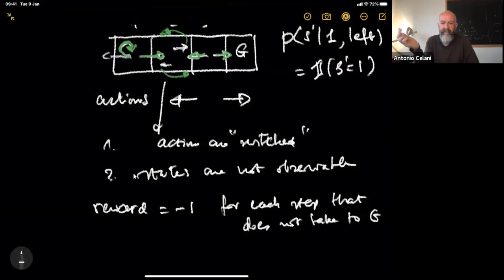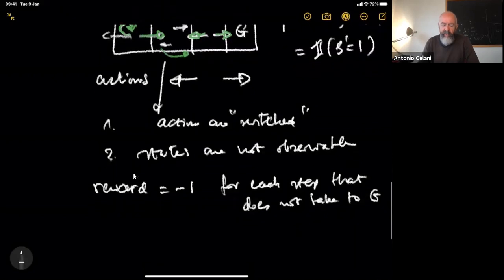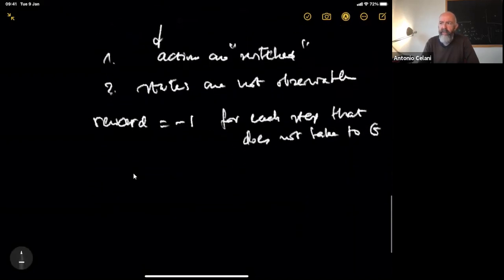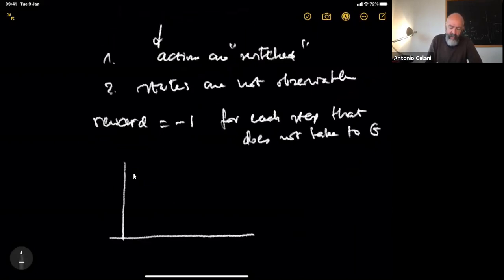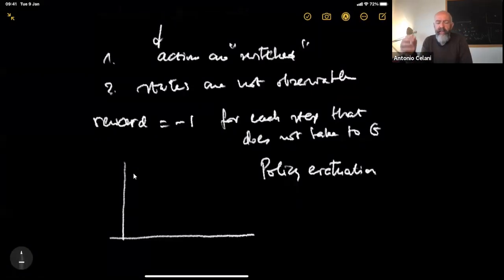lack of observability. Now, if you play with this simple system, you will realize that, suppose that you do policy evaluation, so you just choose a policy. Remember, you do not observe states, so you can only decide the probability of going right or going left.